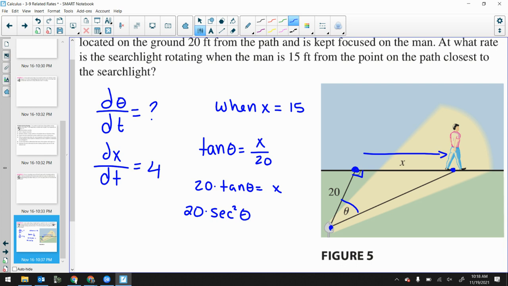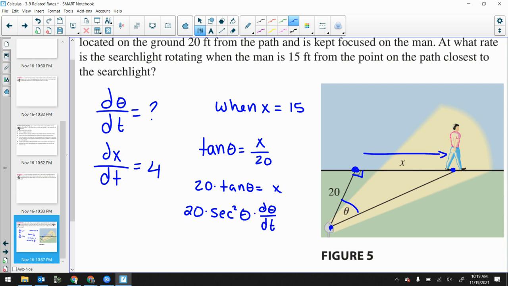Yes, because remember, am I differentiating in terms of theta? No, I'm differentiating in terms of time, right? d theta dt. So I'm saying this is 20 secant squared theta d theta dt.